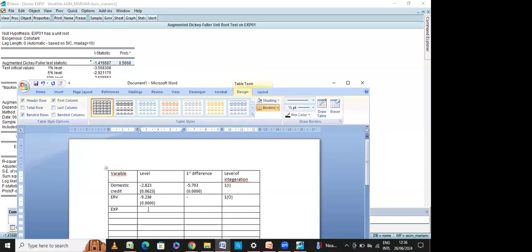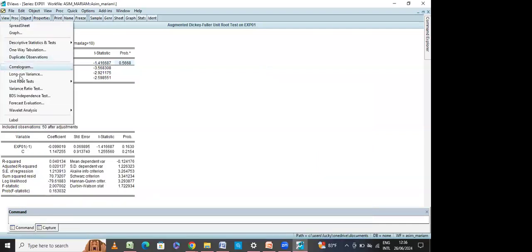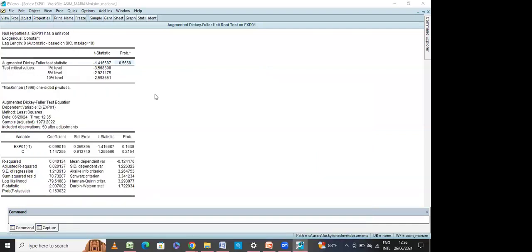At level, the t-statistic is -4.166, and the probability value is 0.5668. Now I am instructing EViews to check the same situation at first difference.